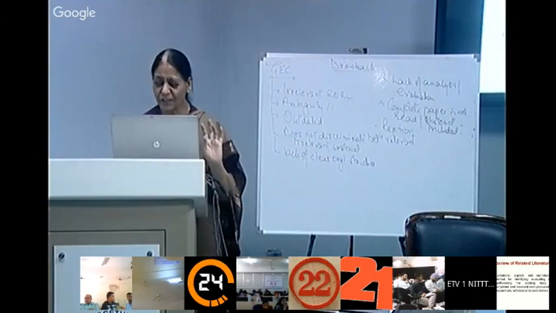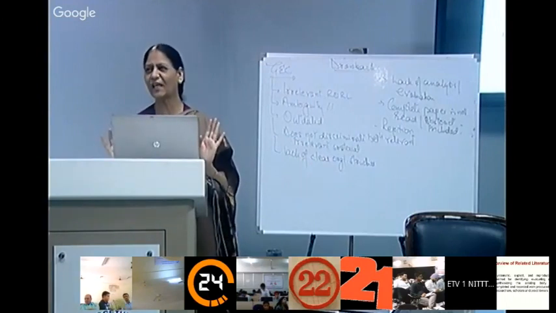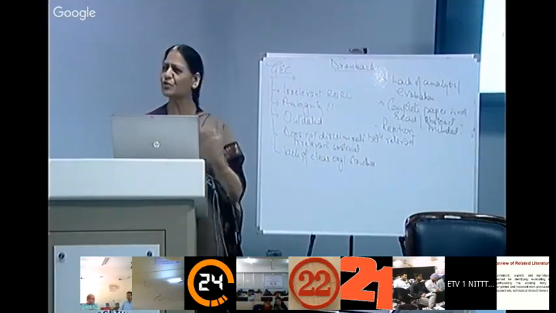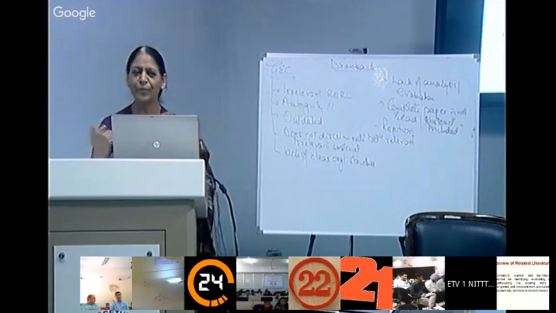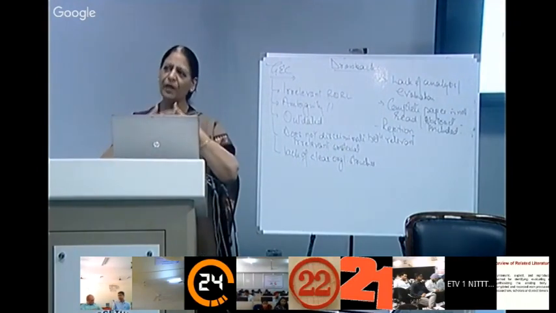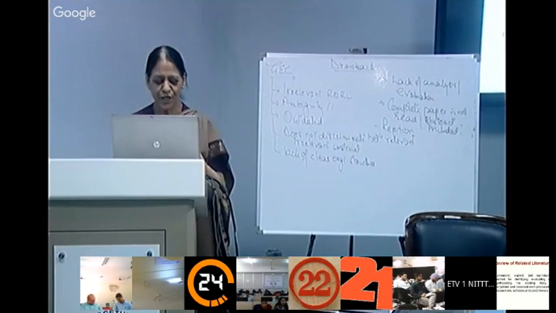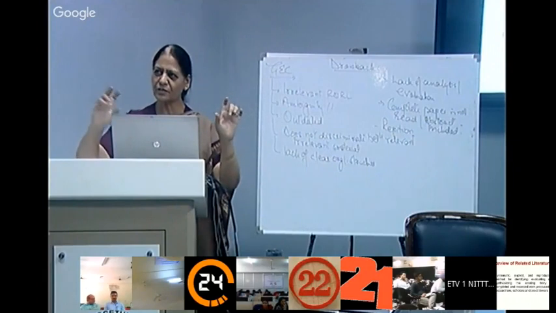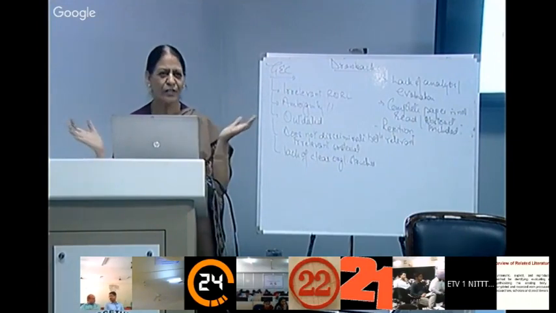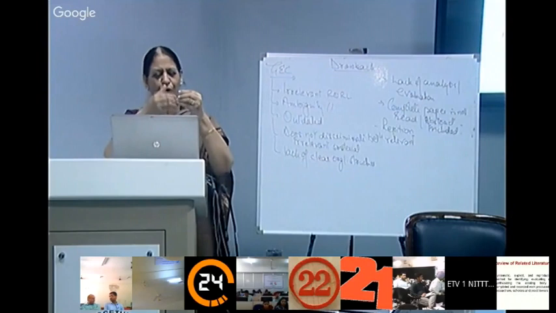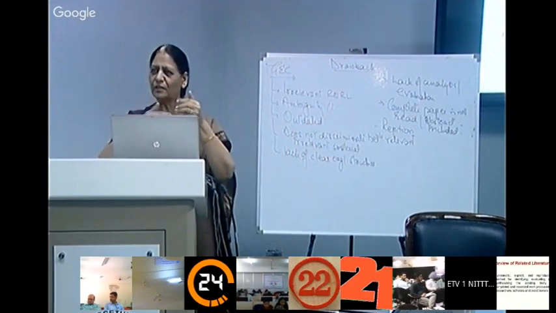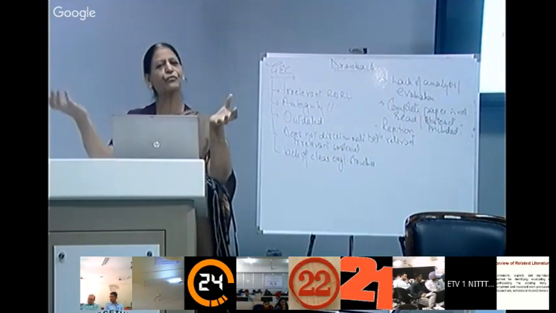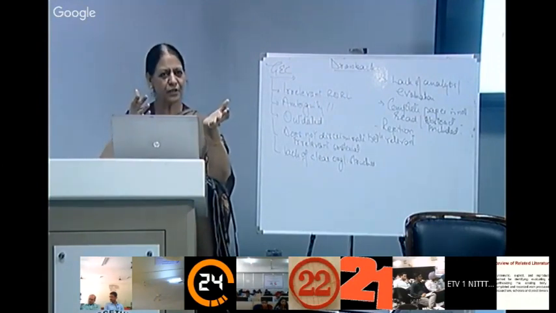And third thing, synthesizing the existing body of knowledge. Say, for example, I just took an example of civil engineering, where you are trying to compare the strength of reinforced concrete, one glass reinforced, another steel reinforced. Now, when you talk about the strength of material, you are trying to compare the strength of glass reinforced and steel reinforced concrete.